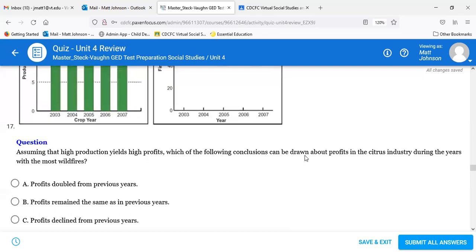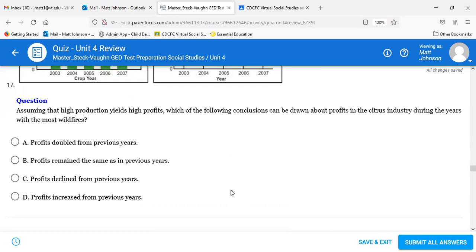A, profits double from previous years. B, profits remain the same as the previous years. C, profits decline from previous years. D, profits increase from previous years.